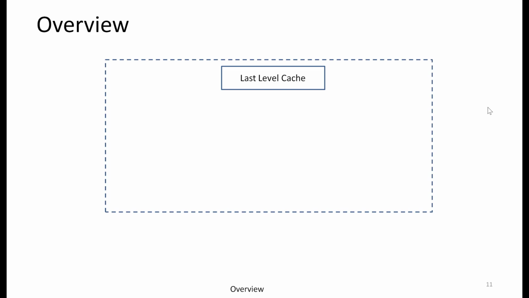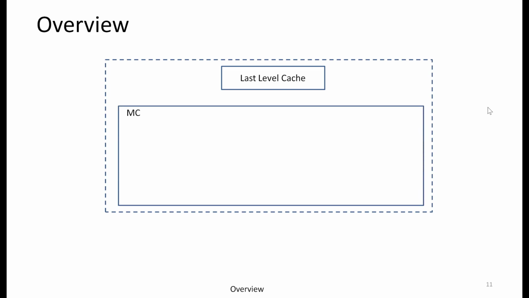Now let's say the dotted box is our chip. We have the last level cache, typically L3. Following that, we have our memory controller. All the misses in the LLC would come to the memory controller, and the memory controller has various jobs to do. The first one is address mapping.